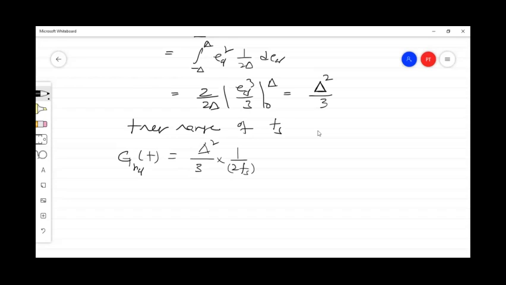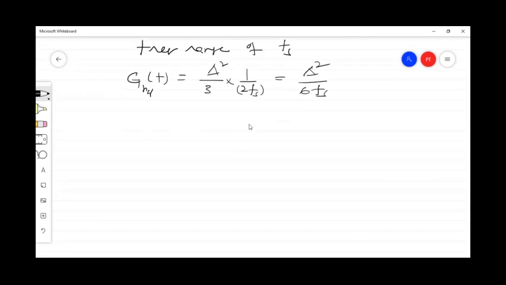Fs is the frequency range over which this entire mean square value is distributed. And when we are talking about power spectral density in terms of a two-sided spectrum, we need to divide it by 2. That's why we have this factor. So now we can write this as delta squared by 6 fs.